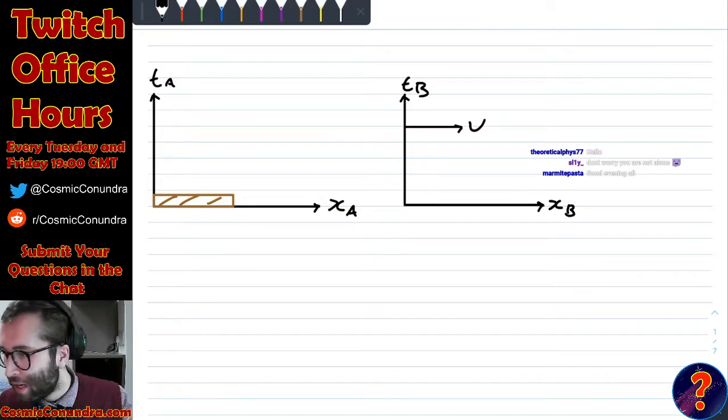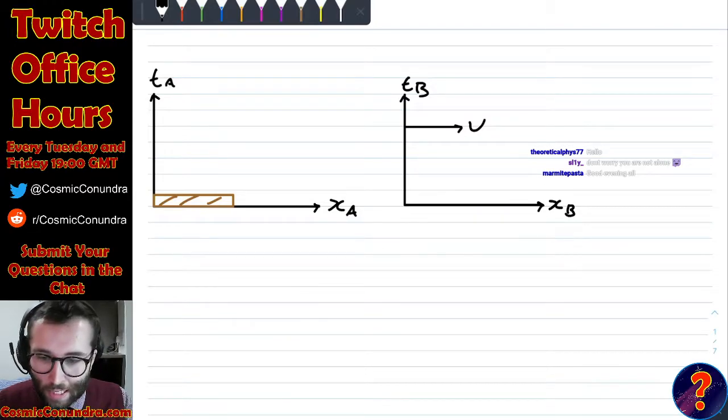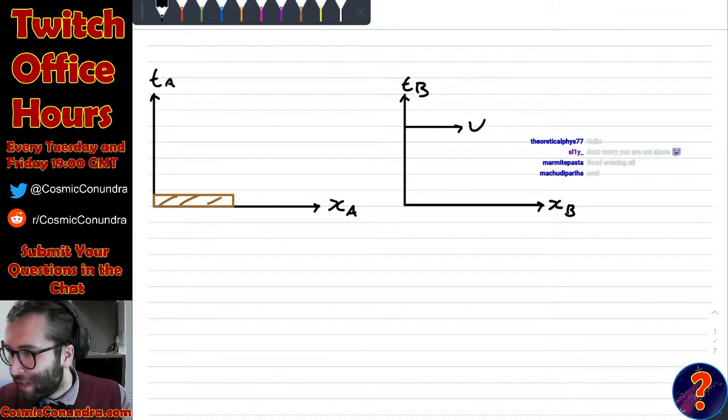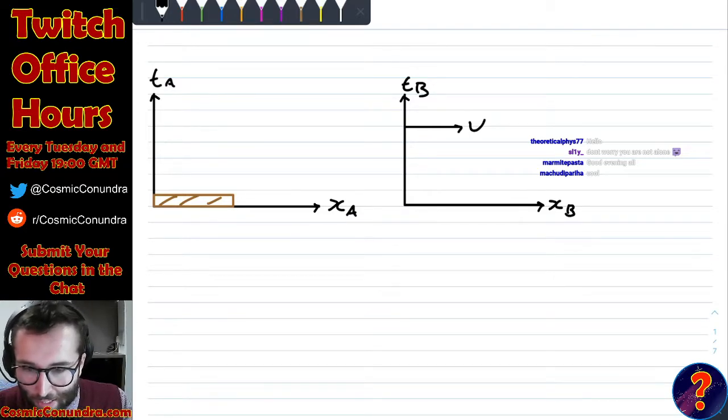So to measure the length of something, you have to measure both ends simultaneously. That seems fairly obvious if something is still. You can't put it on a little track moving along, measure where one end is, and then come back a while later and measure where the other end is. You have to measure these things simultaneously to get a measure of the length.